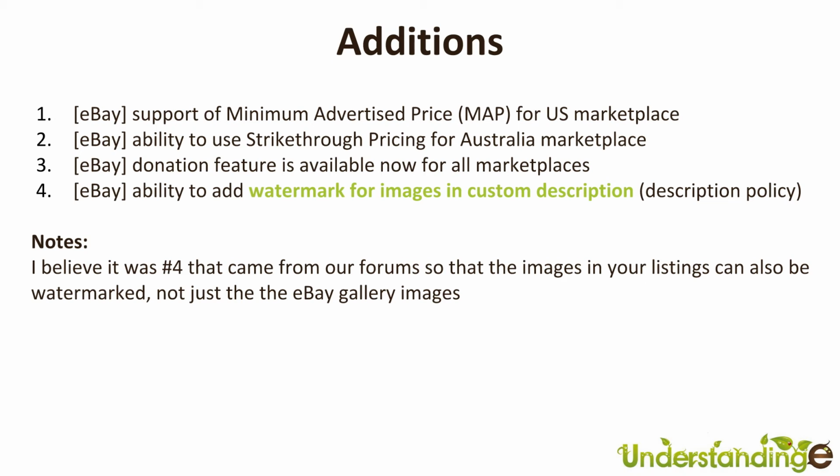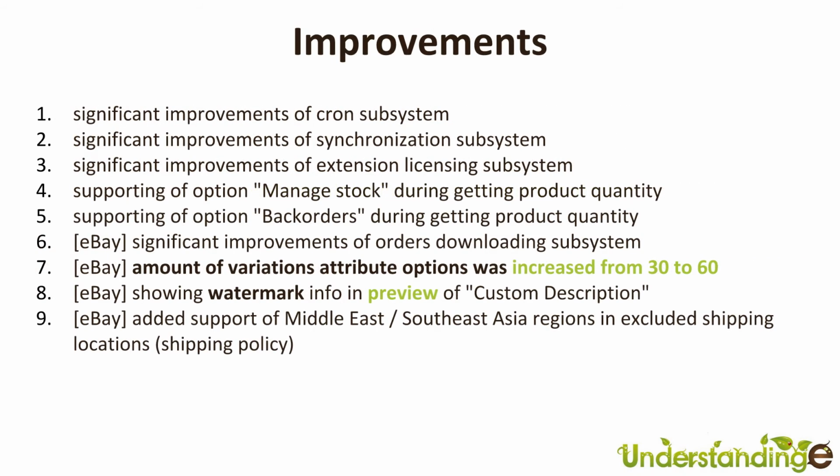Next up, we've got some improvements. Now, the first 3 are kind of boring. So the cron, that's the scheduled system in the background which runs the updates, and the synchronization subsystem. They're probably kind of joined at the hip, I would suspect, within the M2EPro system. They've also got some improvements to the extension licensing subsystem. So I'm guessing that's when you're brand new to M2EPro and you're entering your details in.